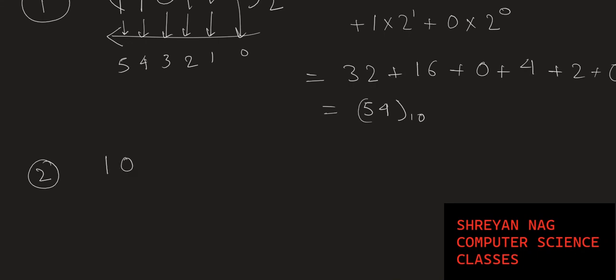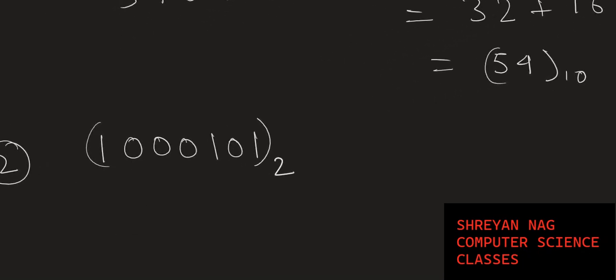1 0 0 0 1 0 1 base 2. So again, let us write the positions from the very end: 0 1 2 3 4 5 and 6.